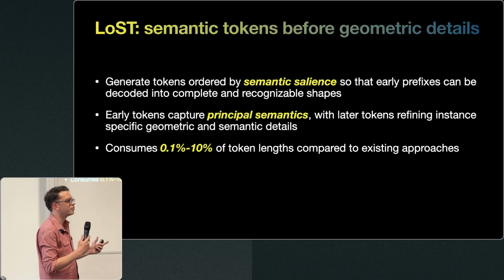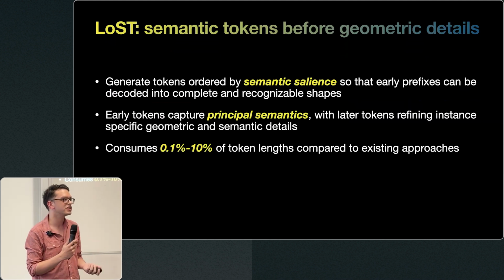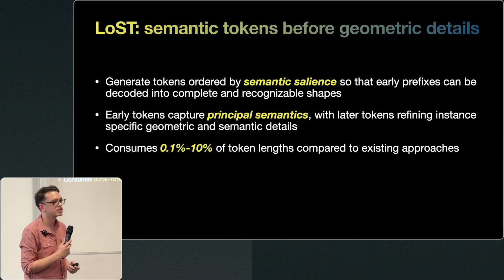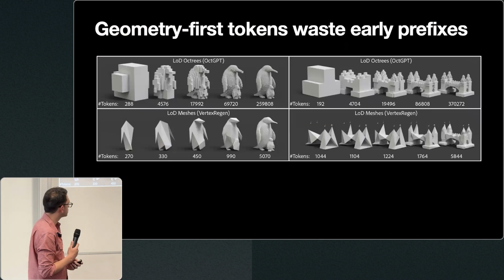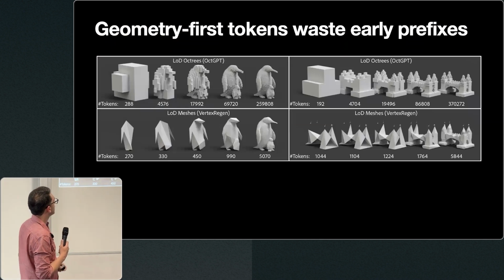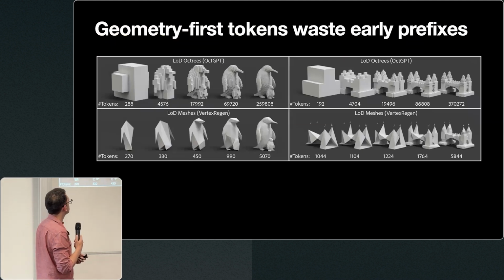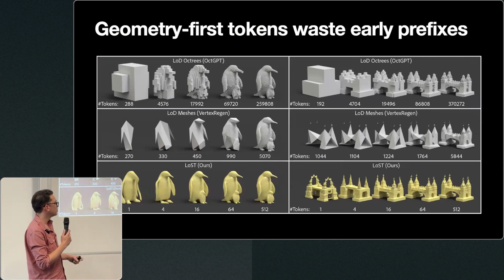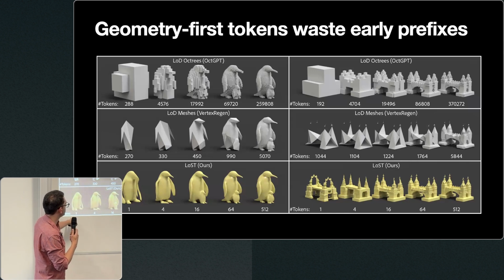In this way, we are extremely efficient and reduce our token usage down to just 0.1 to 10% compared to other models. So this is our comparison, and this is where we fit in, as you can see. Over here, we can generate a complete penguin using a single token alone. This is way more efficient than previous methods.